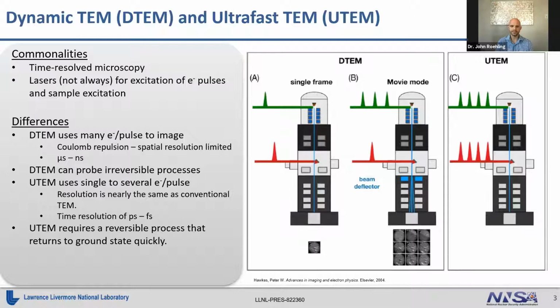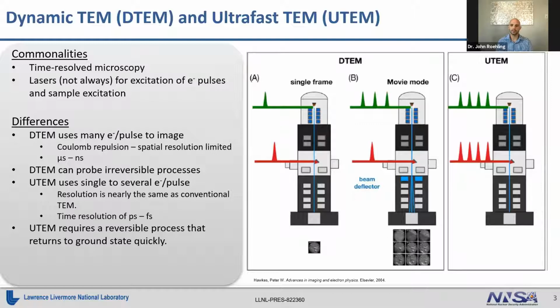But the main difference between DTEM and UTEM is that DTEM is a single snapshot of a slice of time, whereas UTEM is a stroboscopic method to gather information about a time step after a sample excitation. Because DTEM is a single snapshot in time, it requires a lot of electrons going through the sample at the same time.